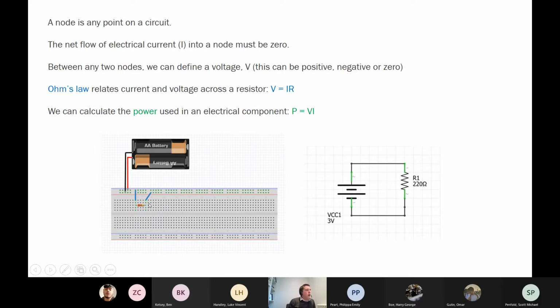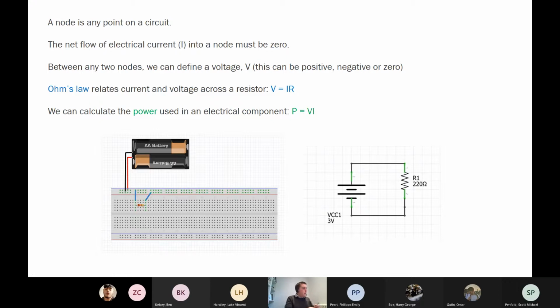And then we've got some wires and we've got a resistor. That's the brown thing with 2 red stripes and a brown stripe on it. That resistor has a value of 220 ohms. And ohms, the Greek letter there, is a capital Greek omega. So it may be worth remembering that.